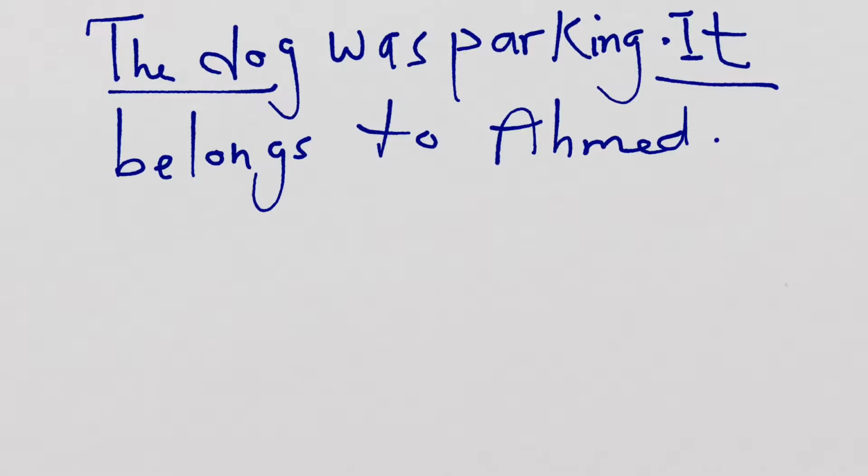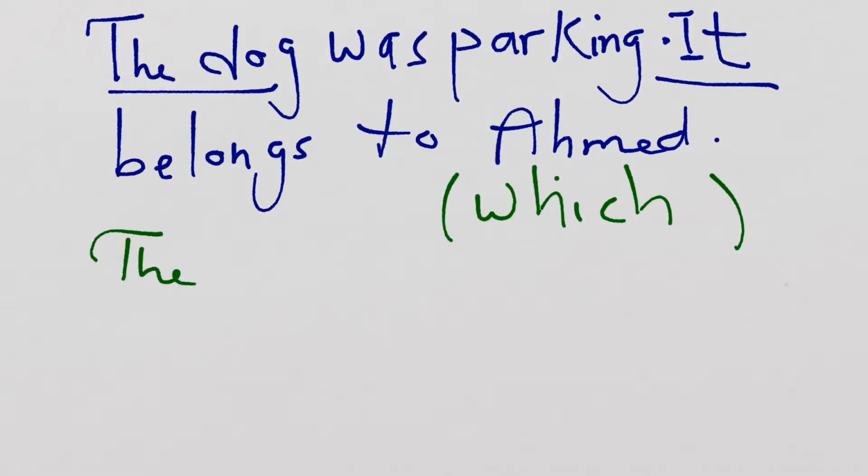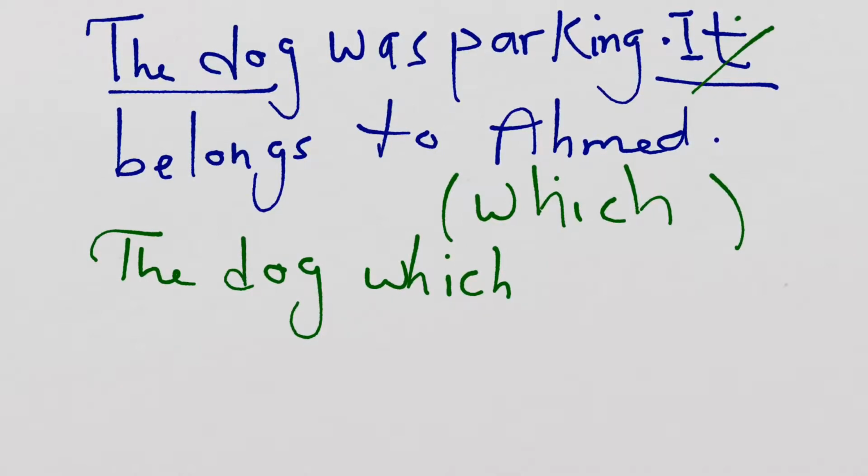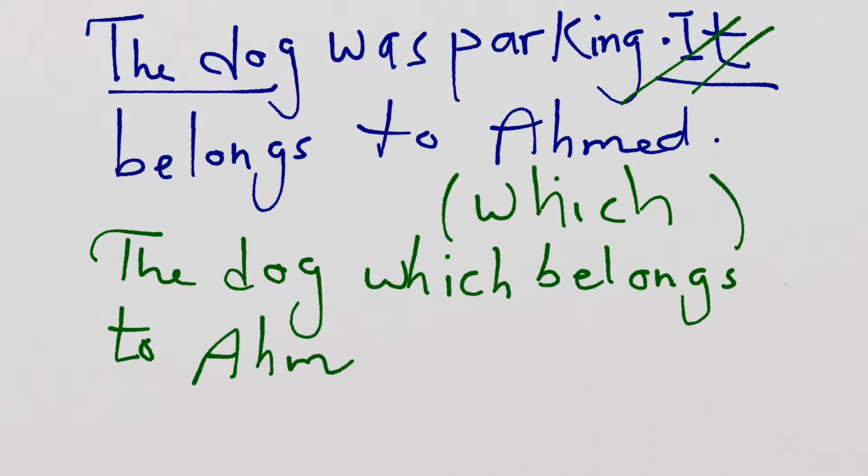Now we are going to join using which. Again, as we did in the first sentence, we are going to write the repeated word, which is the dog, followed by the relative pronoun which. Then we are going to omit it as it is repeated. Now complete the second sentence: belongs to Ahmad. Then return back to the first sentence: was parking.